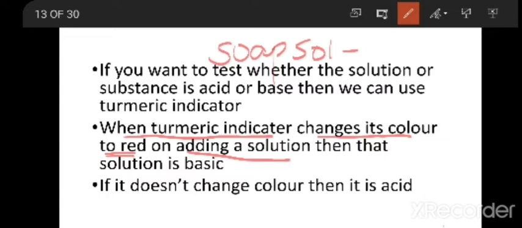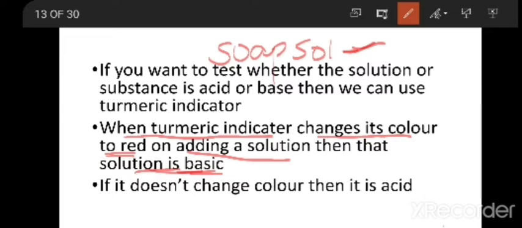Then the color has changed into red. Then the solution we used is a base. That means soap solution is a base here.